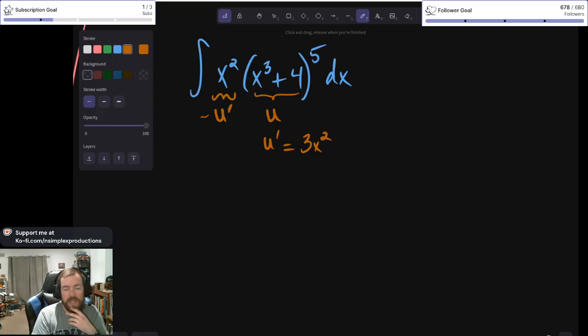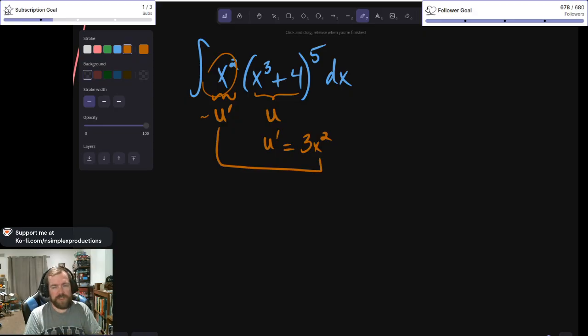Nothing else. And here we have an x squared. So these are at least commensurate. They have the same sorts of things attached. And so we can work with the x squared that we have on the outside to become 3x squared from the u prime in the middle.